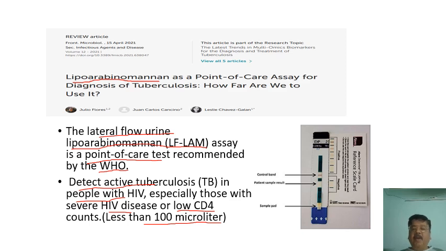There is formation of a control band, and then formation of the sample band. As per the recommendation of WHO, it is done in HIV patients with severe HIV disease and CD4 count less than 100 per microliter.